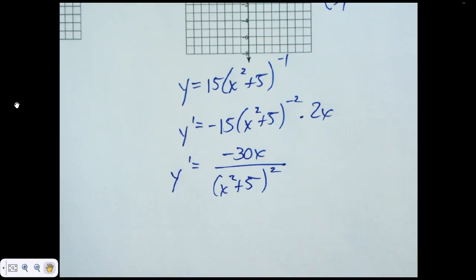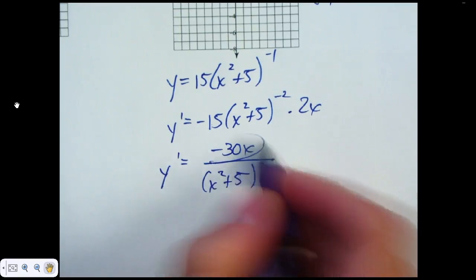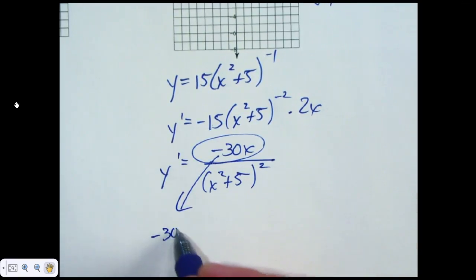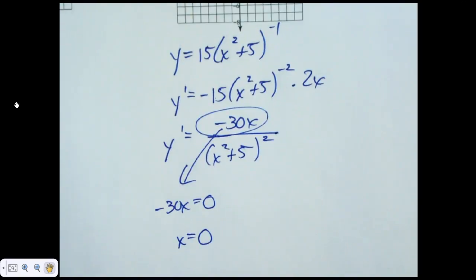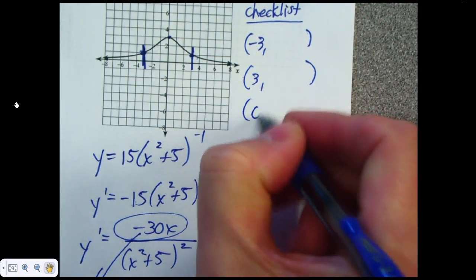So you can type it in, you get the same thing. And then what do we do? So set the top and bottom equal to 0, right? If the top is equal to 0, when does -30x equal 0? Well, when x equals 0. So that's a critical point. So now that has to go in my checklist.